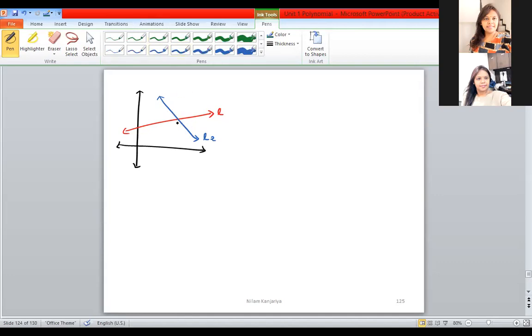So look here, they are intersecting at this point. This is your graph, X and Y. So the lines intersect. This is L1 and L2. L1 and L2 are intersecting, meaning it has one solution. Always remember, when the lines are intersecting, it has one solution.